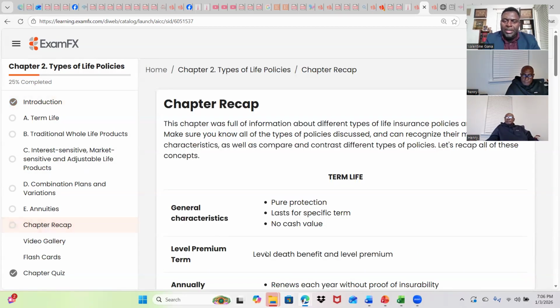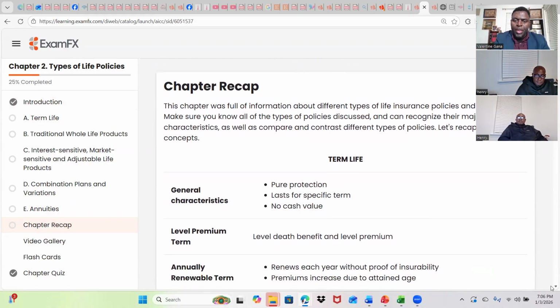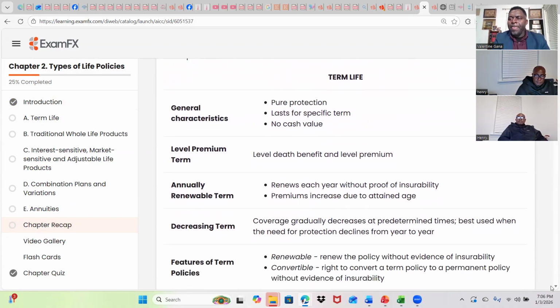This one is talking about types of policies. In this business, let me just talk generally about the types of policies that exist. Insurance has a lot of different types of policies.